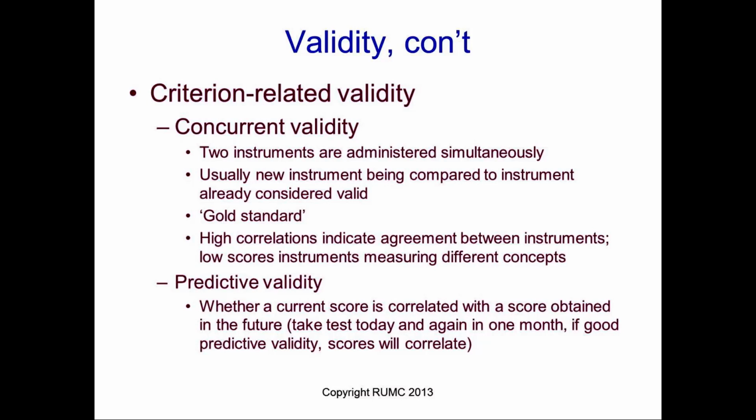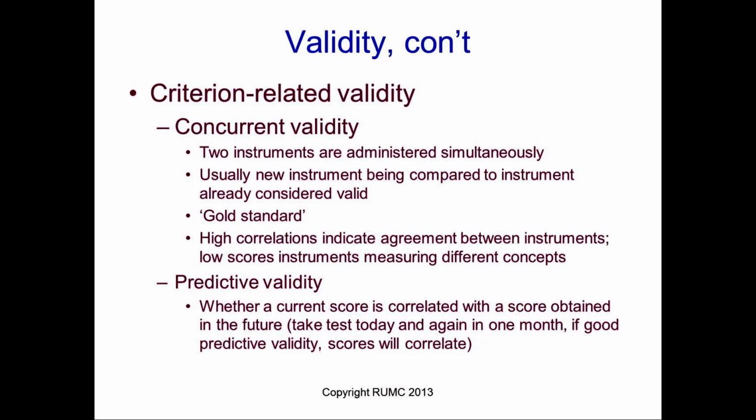For criterion related validity, you can look at concurrent validity. Are you using two instruments simultaneously to look at the same outcome? Sometimes this is done when you have a gold standard and you want to test out a new instrument to see if it's just as good.